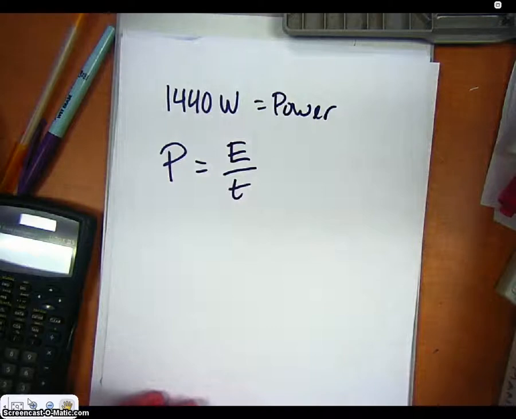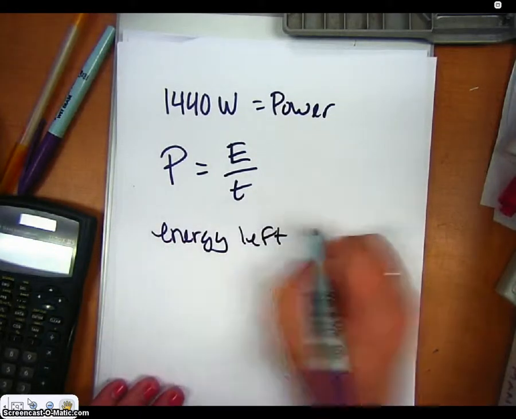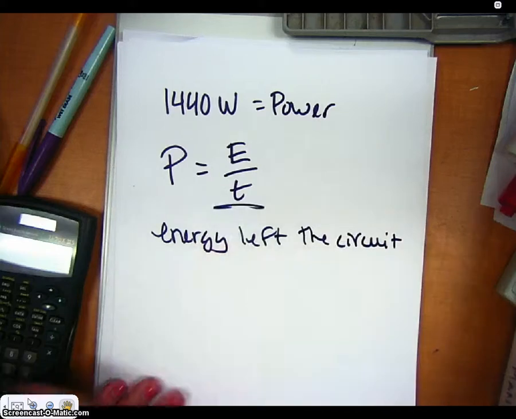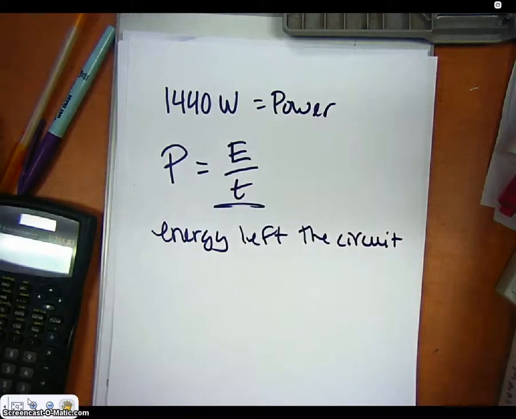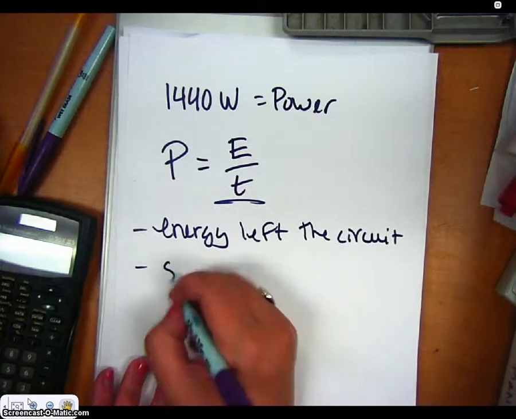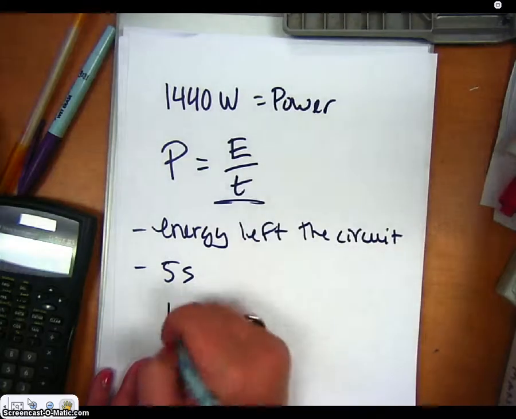So if I wanted to know how much energy left the circuit, I would have to know how long it was plugged in for in order to solve this. So let's say I plugged in the circuit or the lamp for like 5 seconds. Let's figure out how many joules came out of this.